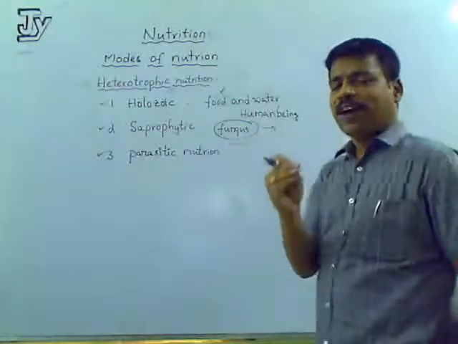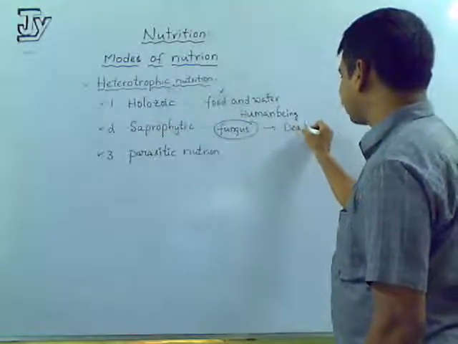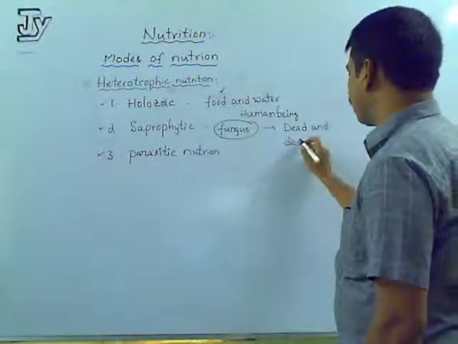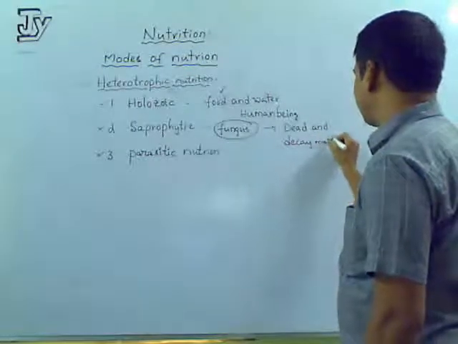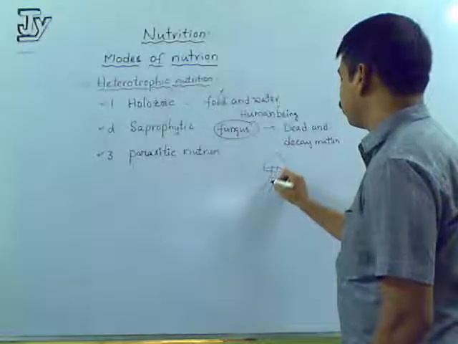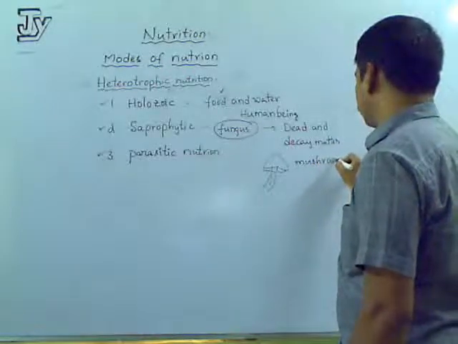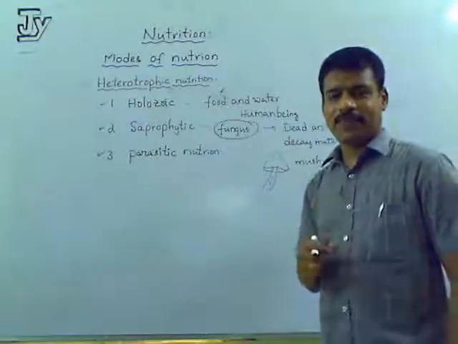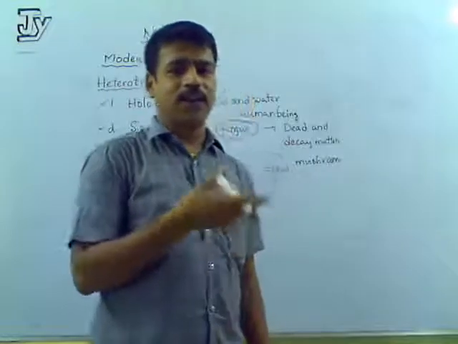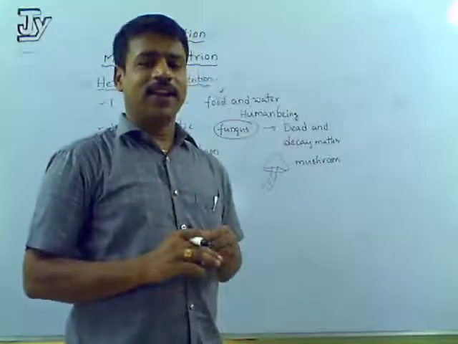A saprophyte depends for its food needs on dead and decaying matter. For example, mushrooms. Mushrooms grow on hay or on the bark of dead plants, in humid and moist conditions.